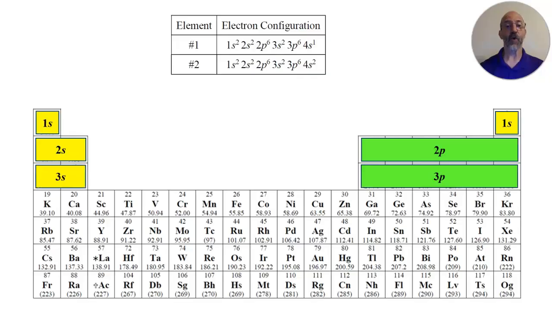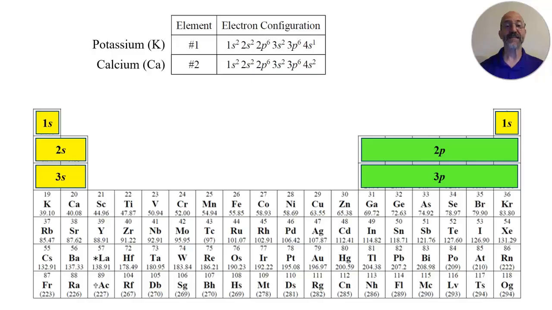And then it's either 4s1 or 4s2. So we can see that this would be potassium and calcium on the periodic table. So element number 1 is potassium, and the electron configuration for potassium would end with 4s1. And then element number 2 is calcium. Its electron configuration would end with 4s2.